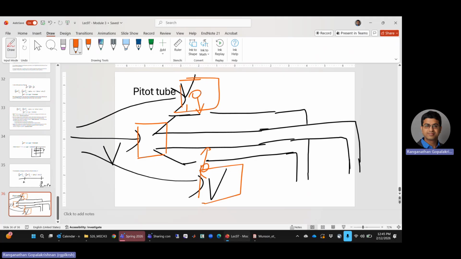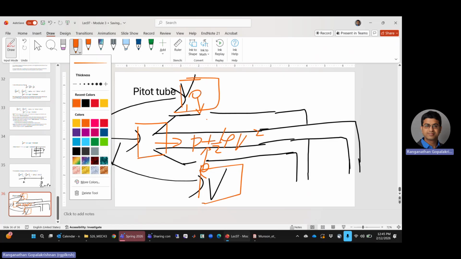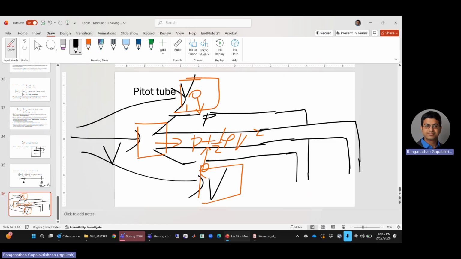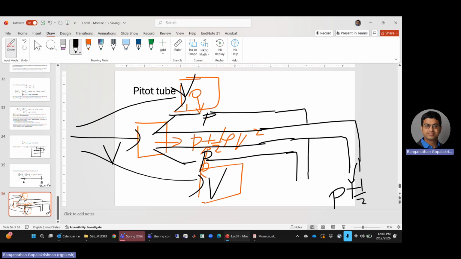So what you get in here is P plus half rho V squared, whereas what you get here is only P. If P plus half rho V squared is sensed in this limb and only the static pressure is sensed in this limb, and you are able to measure the pressure difference between these two, can't you say what the dynamic pressure is?